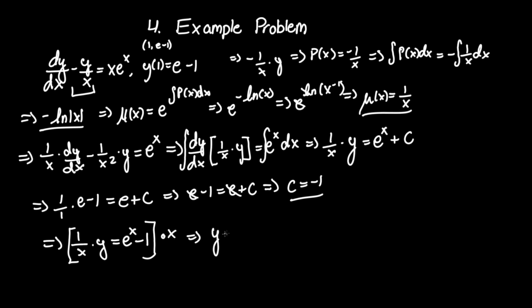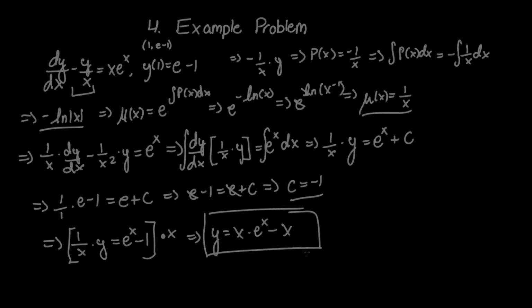It becomes y equals x times e to the x, all we're doing is multiplying that, minus x, which is negative 1 times x. And that is in fact our solution to this equation. See, if they didn't give us the y of 1 equals e minus 1, then it would just remain as plus c, and you don't need the minus x here.